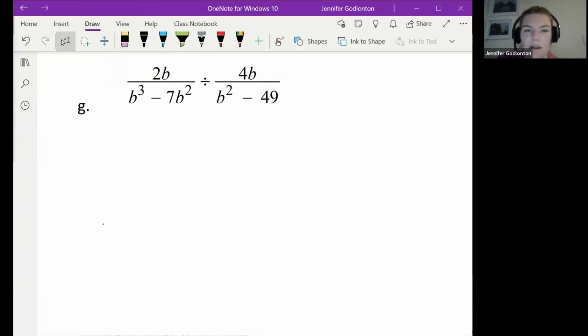Okay. So do your steps as you need to. Remember, first thing that we're going to have to deal with is changing this divide sign to a times sign. And then we're going to go from there.